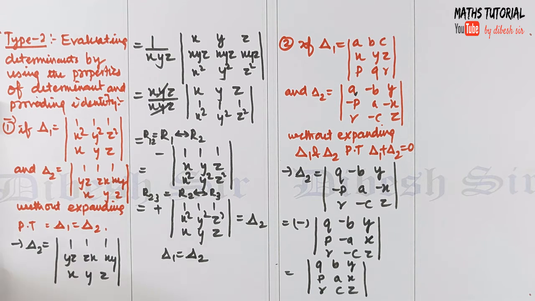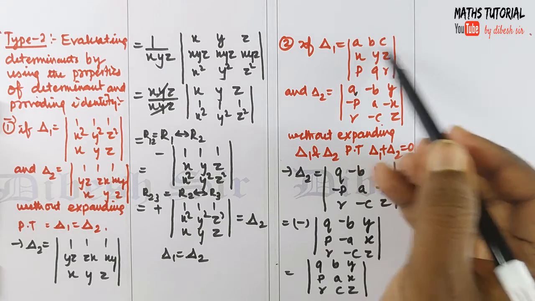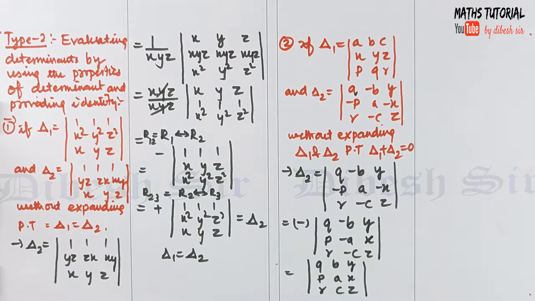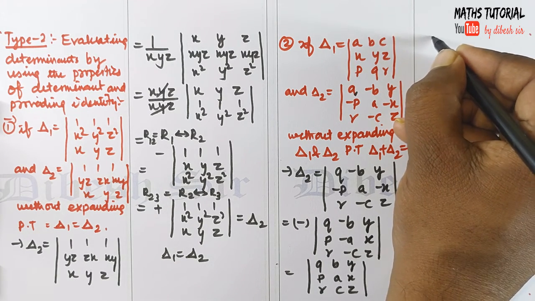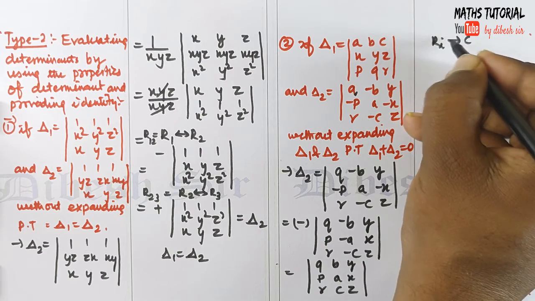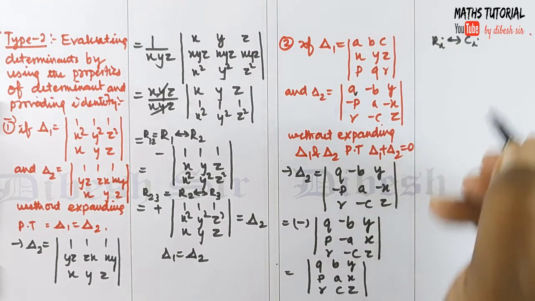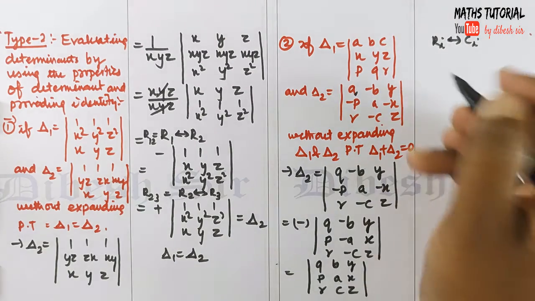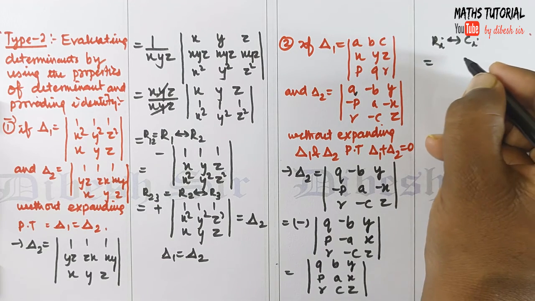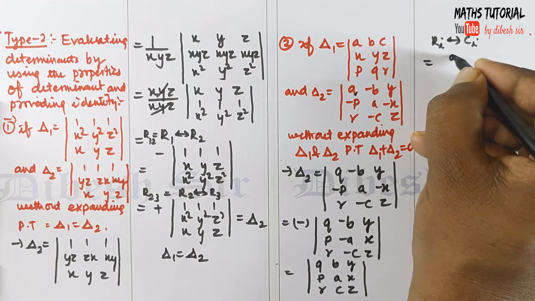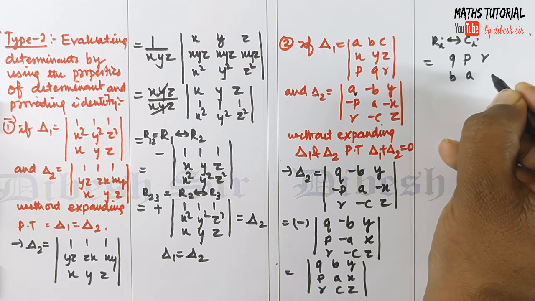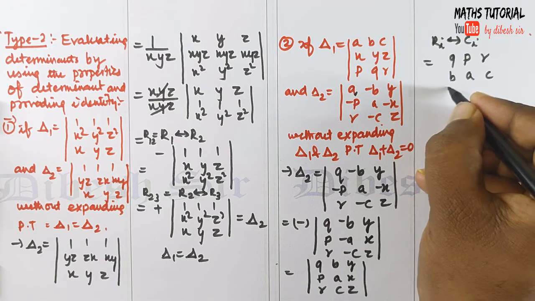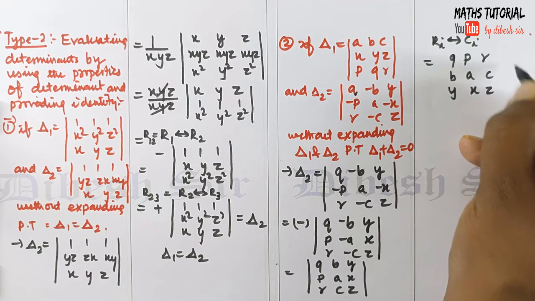Now if you check, this is our abc in row, this is our abc in column, so apply Ri to Ci. Ri to Ci means row changes to column, so it becomes q p r, b a c, y x z.